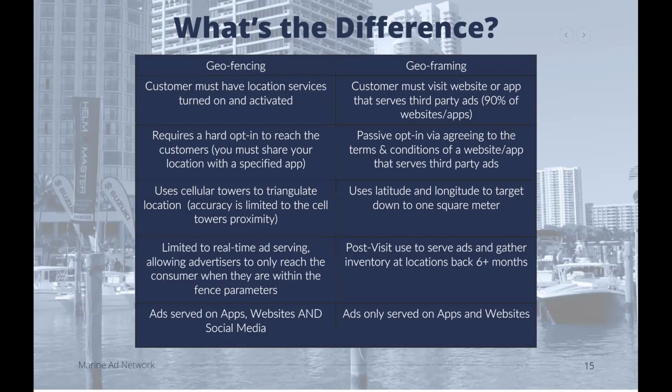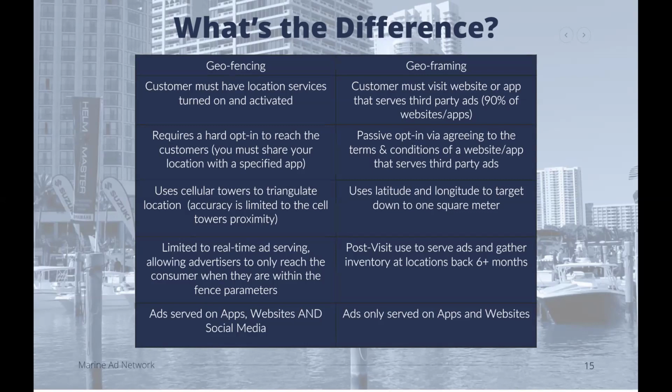Every now and then when we do fishing tournaments that are in the middle of nowhere, we run into this problem, but for the most part, we don't. But that does allow us to not get as small of an area. So again, with geoframing, we use latitude and longitude to target down to 1 square meter. So we can really get down to a much, much smaller radius when we do geoframing.